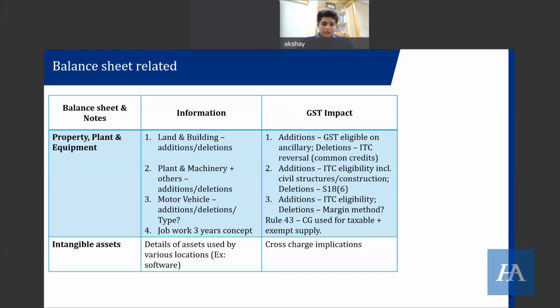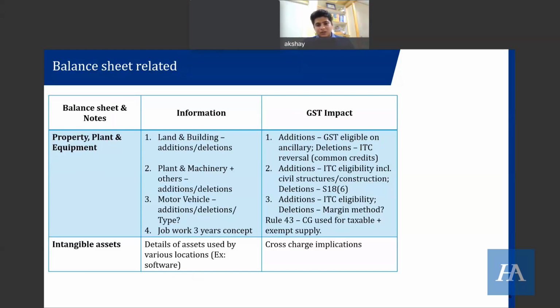And the other portion which comes is, if you remove these plant and machineries, you may be attracting section 18(6). So other than just paying the taxes on the transaction value, you will need to see whether the benefit of the ITC has overshot the GST payable, and that is coming through section 18(6).